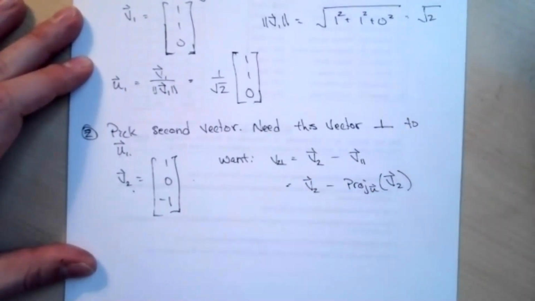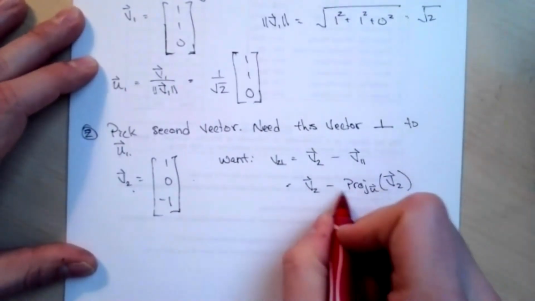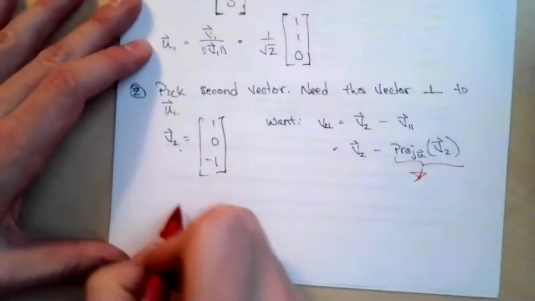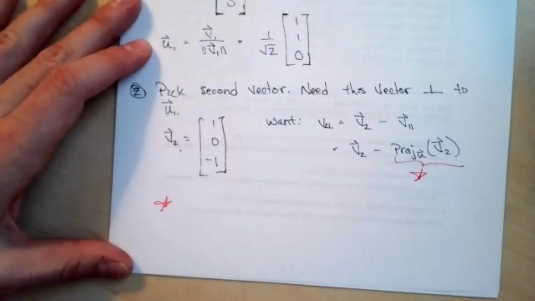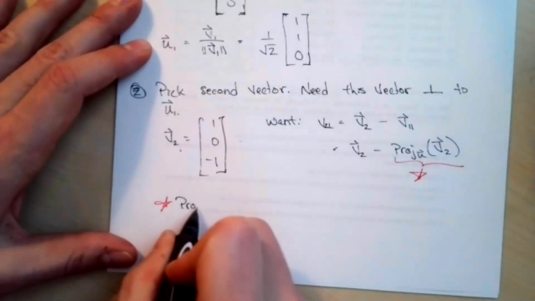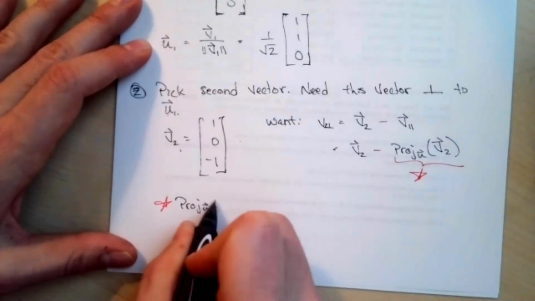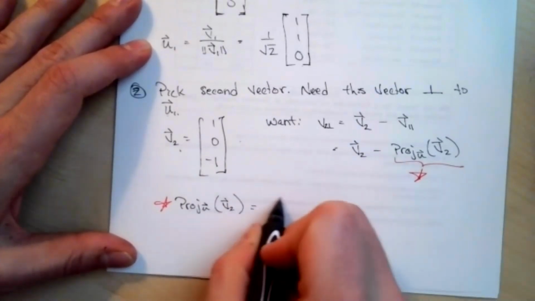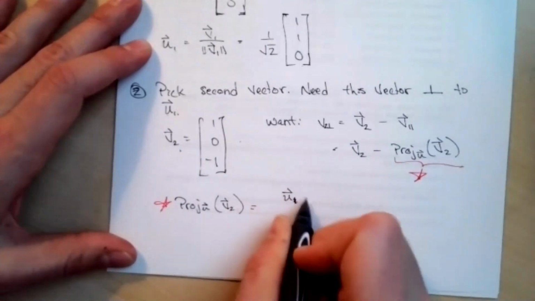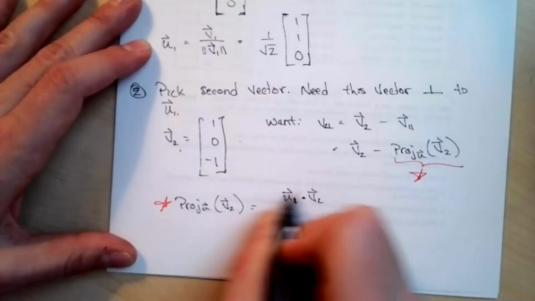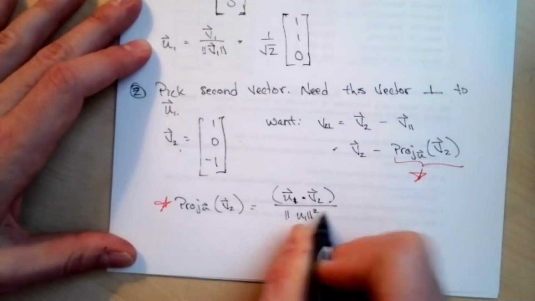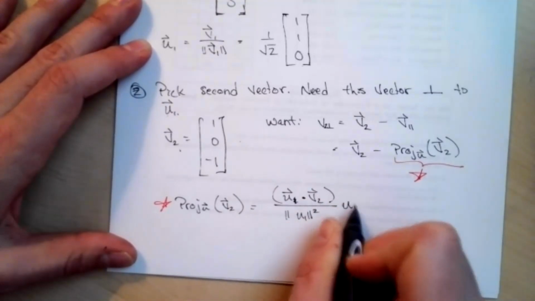So the biggest piece we need to compute is going to be this guy here. So let's go ahead and compute that. Now, nicely enough, if you remember the formula, it's going to be U1 dot V2 over the norm of U1 squared in the direction of U1.